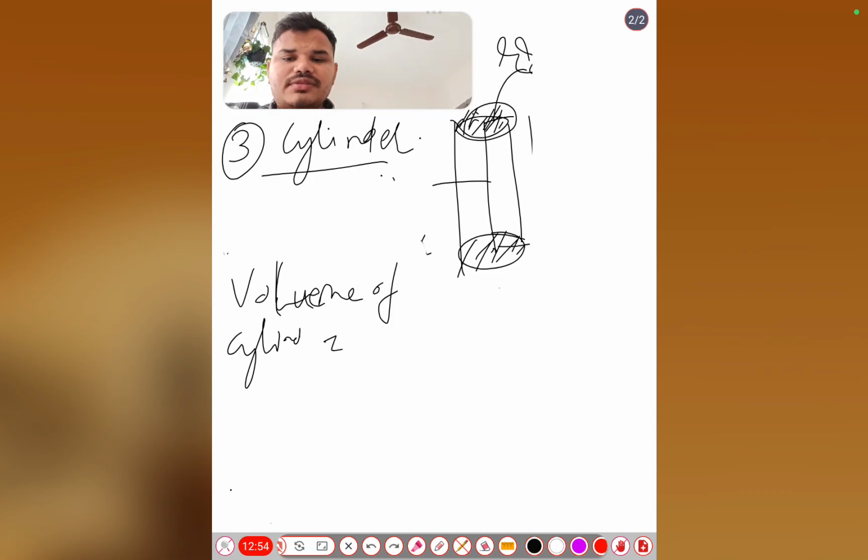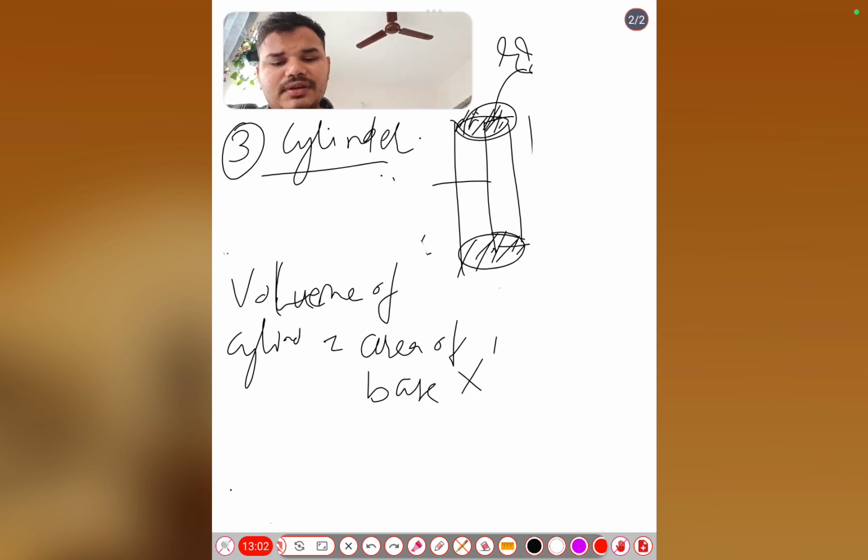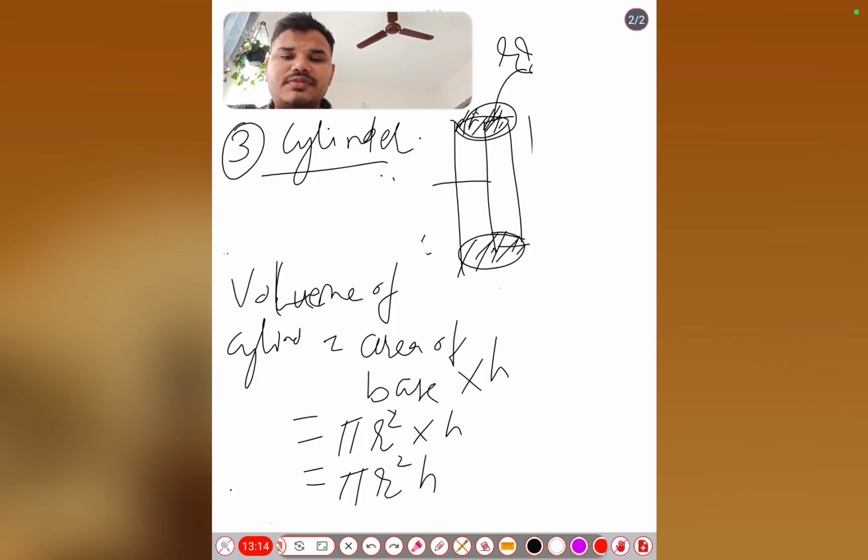Whenever we have to find out the volume, simply you can say it's the area of base multiplied by the height of the cylinder. The area of base is pi r square, and the height is h, so we will get pi r square h, and that volume is always in cubic units. So this is all about the cylinder.